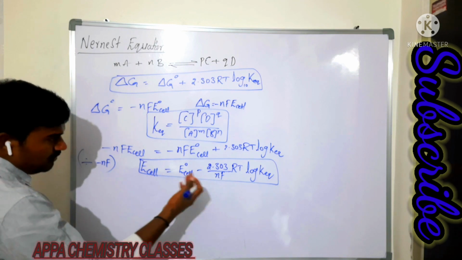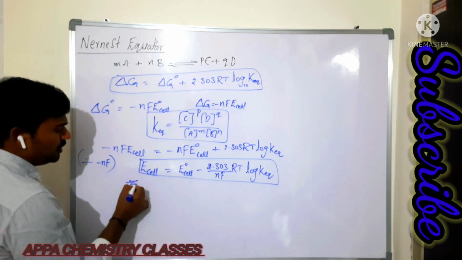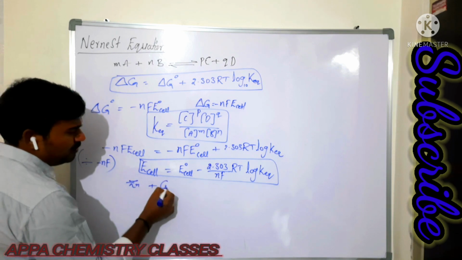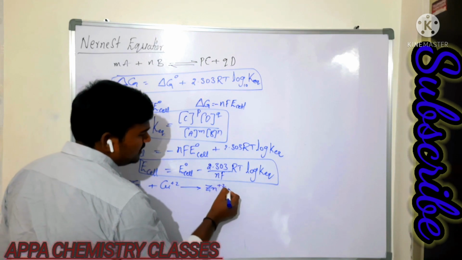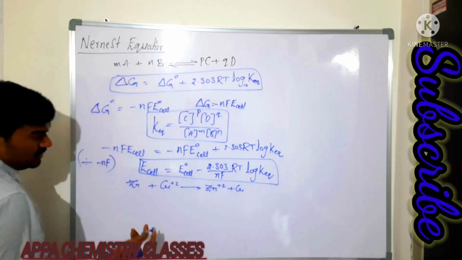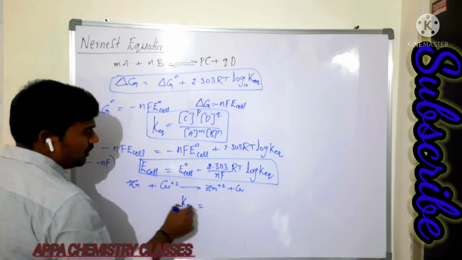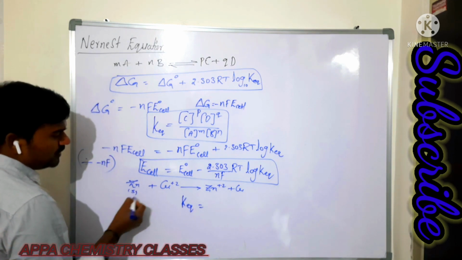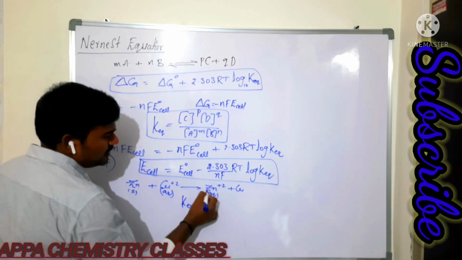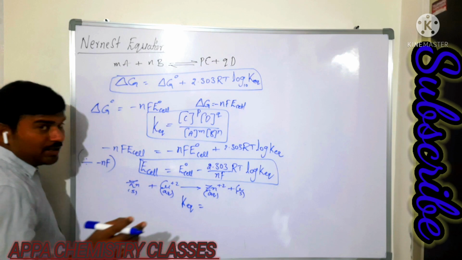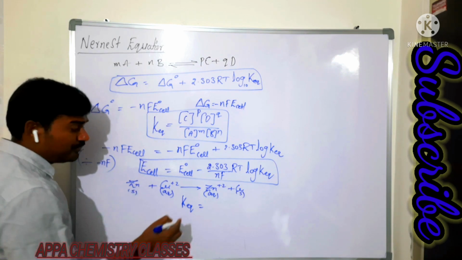Now we will take one example here, a general example. We know the galvanic cell, Zn plus Cu2+ gives rise to Zn2+ plus Cu. In this case, K equilibrium will be product concentration over reactant concentration. Zn2+ is aqueous, Cu2+ is also aqueous, and Zn and Cu are solids. The active masses of solids are arbitrarily taken as 1.